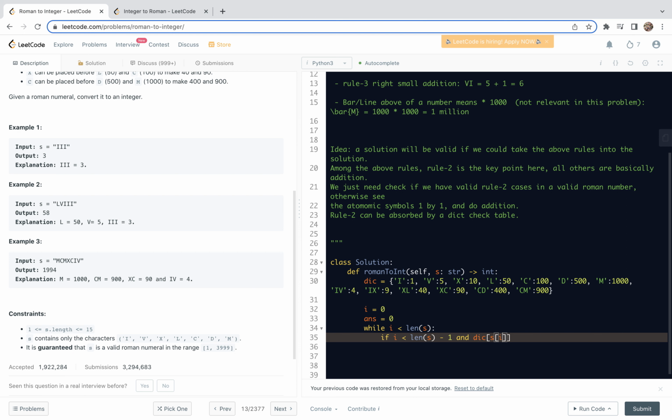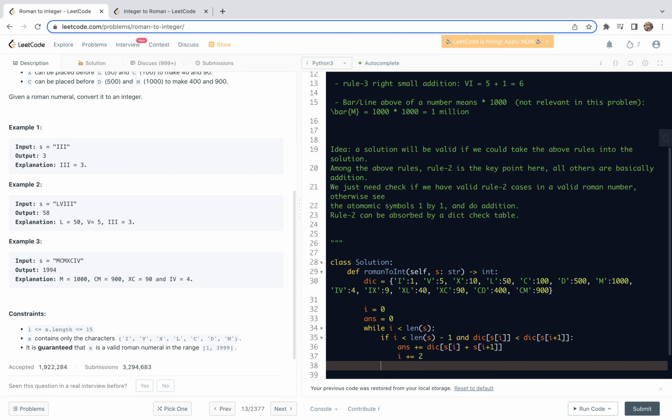If dict of s[i] is less than dict of s[i+1], this means we have a case like IV, IX, or CM corresponding to rule 2. In this case, we increment the answer by the dictionary value of the string s[i] plus s[i+1], because this corresponds to 2 characters, and then we increment i by 2.